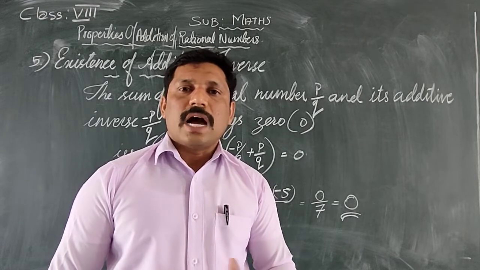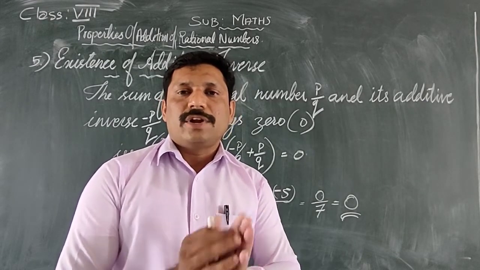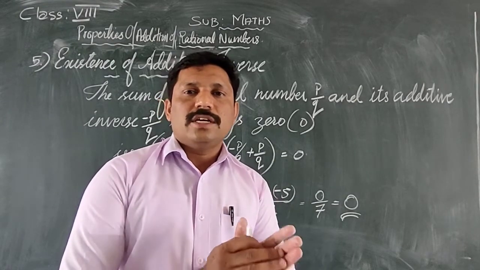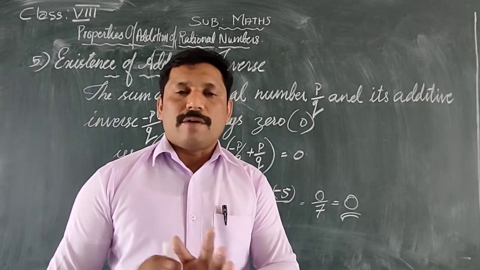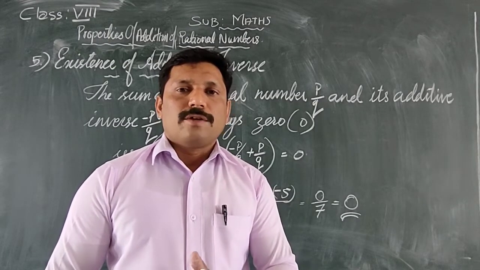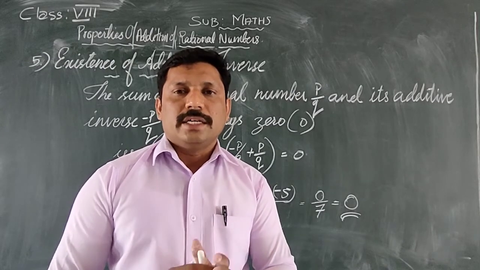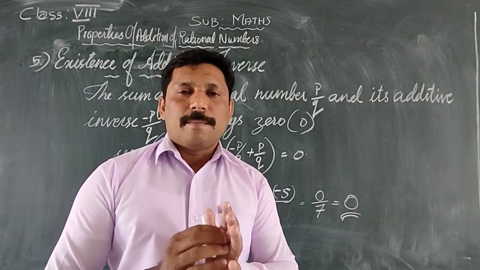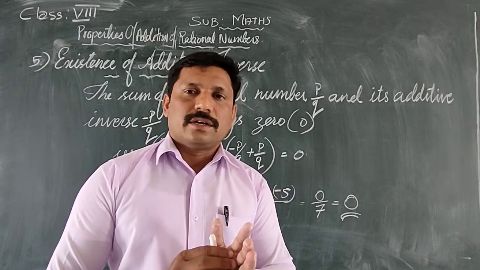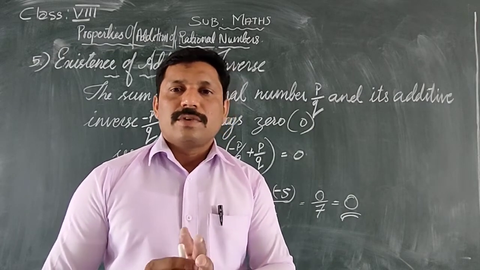And the third property is the associative property. This property says that when we add three rational numbers, a change in the grouping of addition will never affect the result. The result will remain the same. The fourth property is the existence of additive identity. That means if 0 is added to any rational number, the result will be the same number.